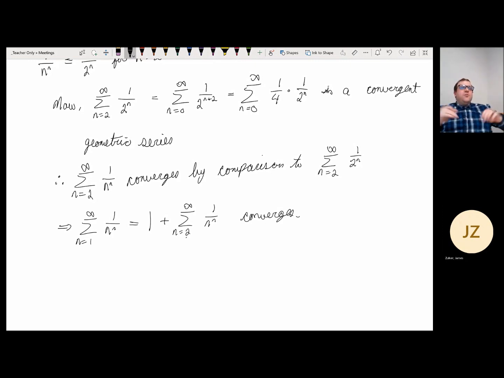It'll affect what it converges to, right? But it doesn't affect the fact that it converges. Which, again, think about it, makes sense. Add a finite number of terms to something that converges, and let's say those finite number of terms add up to 100 googolplex. Some constant plus something that converges still converges.